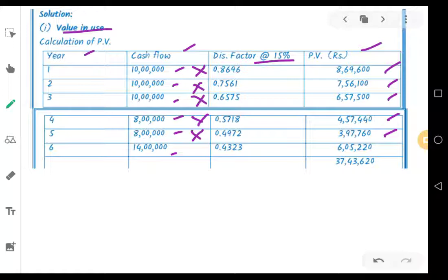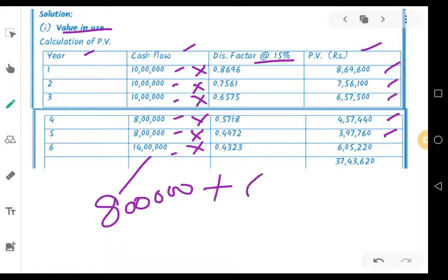And the next 8 lakhs into 0.4972, that is 3,97,760. And last one, 14 lakhs, is the last installment of 8 lakhs plus 6 lakhs scrap value, salvage or scrap value.